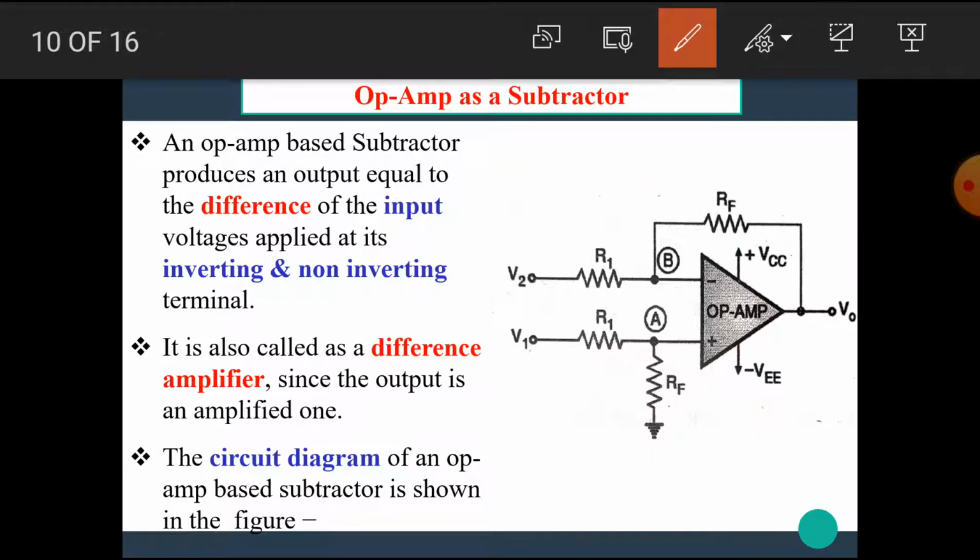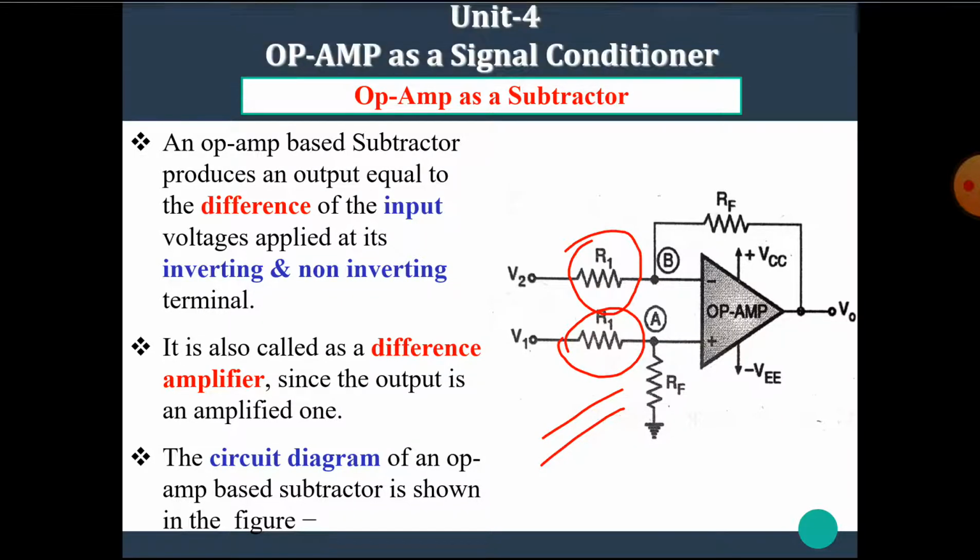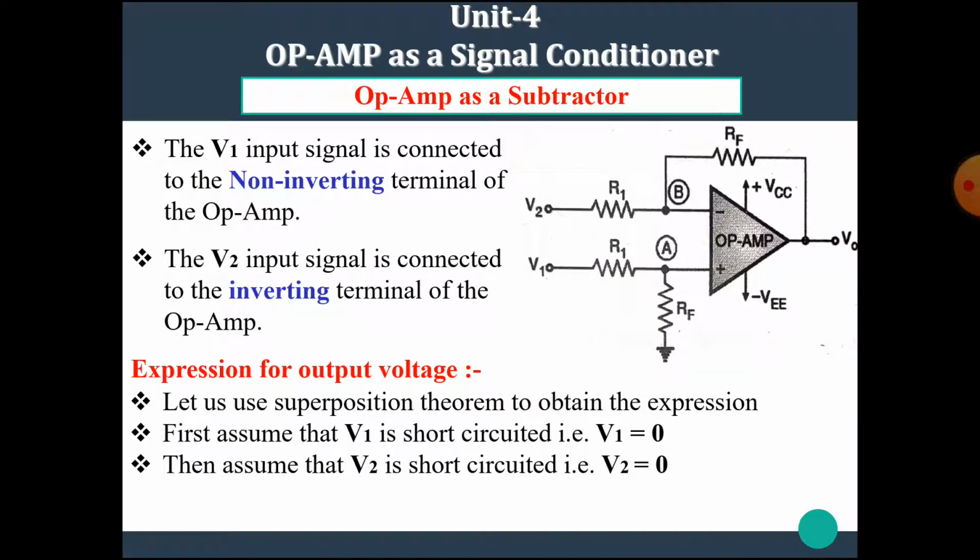The values of the inverting terminal and non-inverting terminal resistors, that means R1, should be the same. This is the required condition for the op amp as a subtractor.